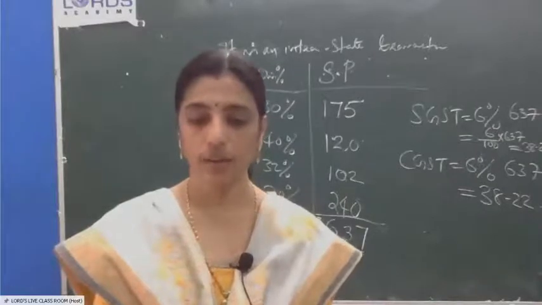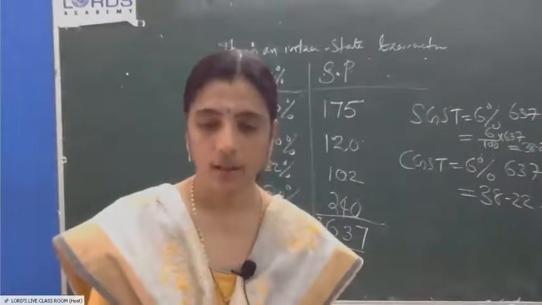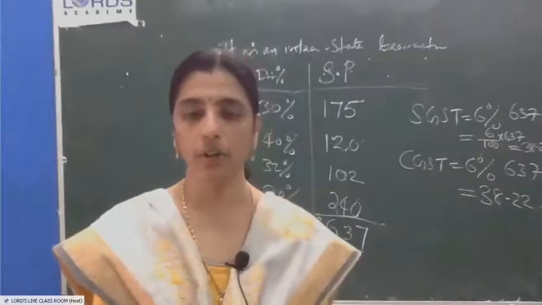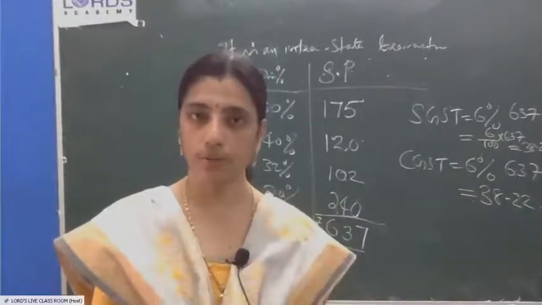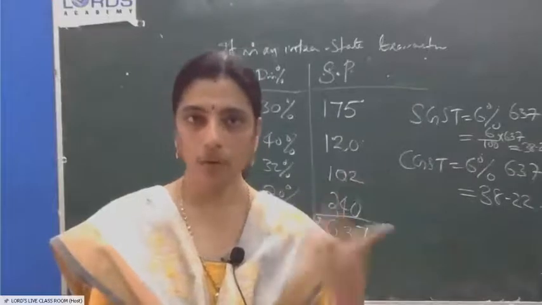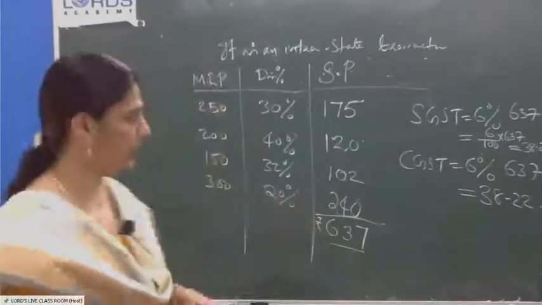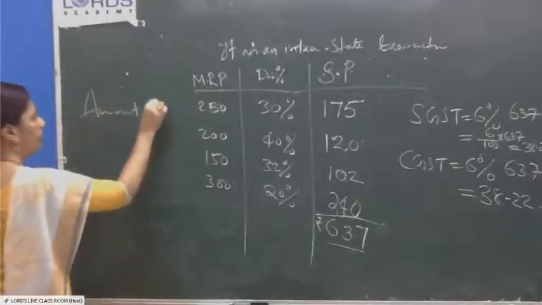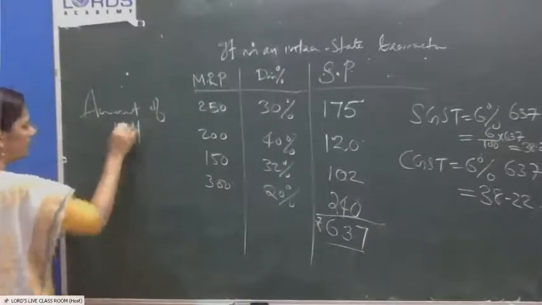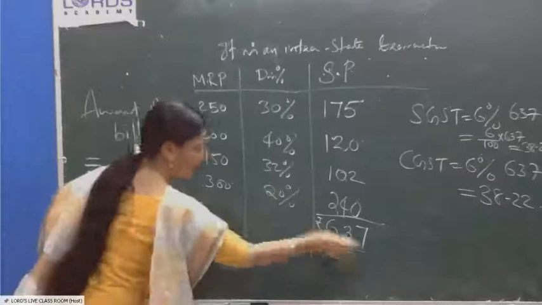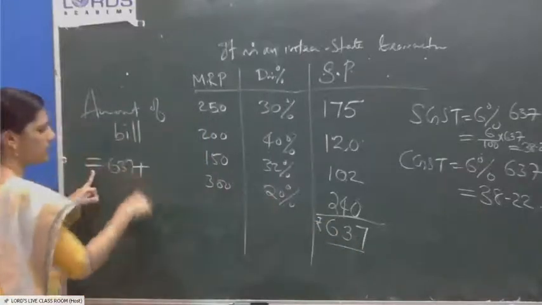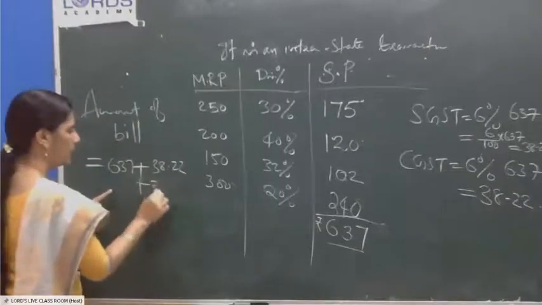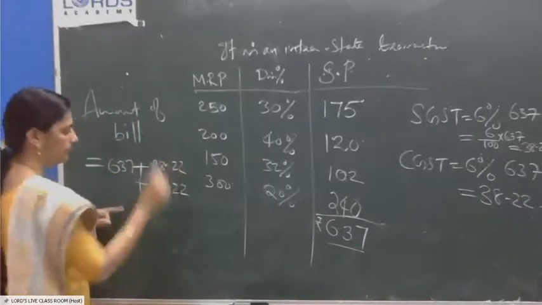So what they ask, not only tax: find the amount of bill for the following. Amount of bill means in the bill you have to add the amount plus this tax, not only tax. So amount of bill equals 637 plus 38.22 plus 38.22.